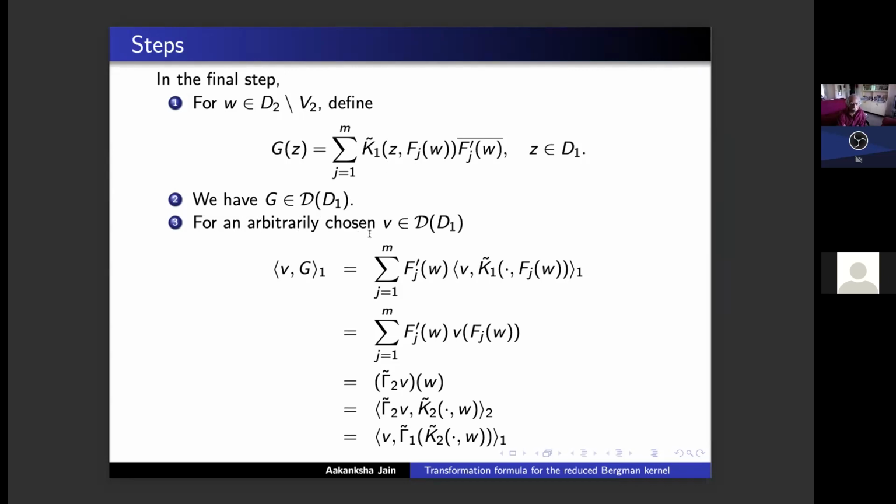Now, for an arbitrarily chosen v in the reduced Bergman space of D1, consider the inner product of v with g. So this fj prime of w will come outside, and we'll get the summation j equals 1 to n of fj prime of w times the inner product of v with k1 tilde of dot comma fj of w. By the reproducing property of k1 tilde, this inner product is in fact v of fj of w.